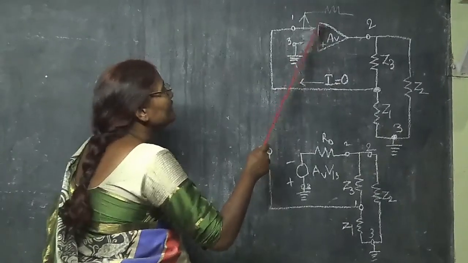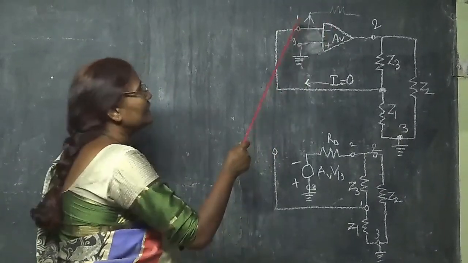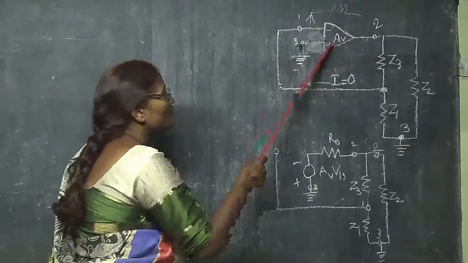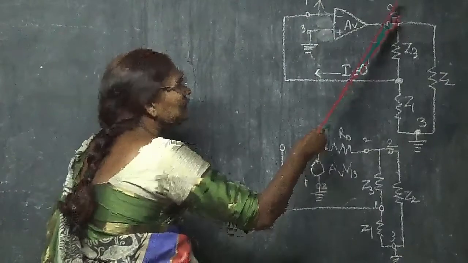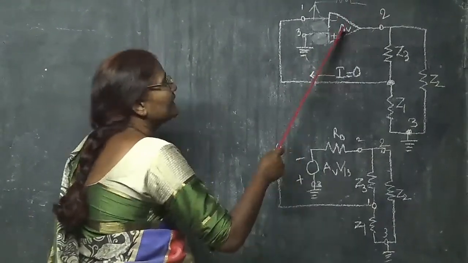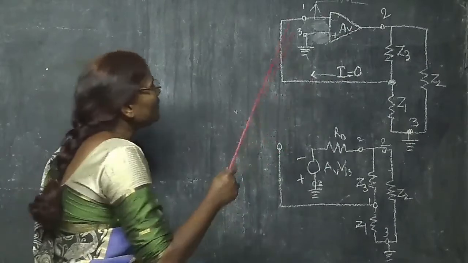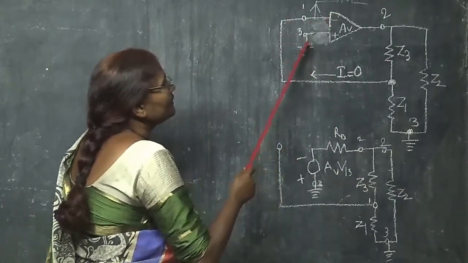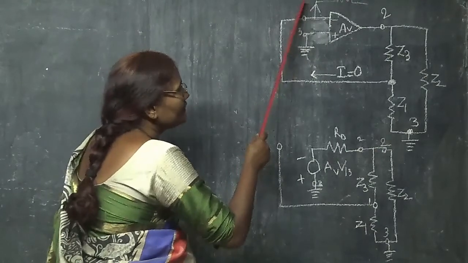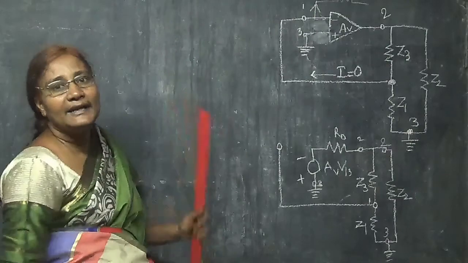This is called the inverting terminal because the negative sign is there. This is the non-inverting terminal and it is grounded. And this is the output terminal, and the gain of the op-amp is going to be AV. Because the input is given to the inverting terminal, the gain is going to be negative.